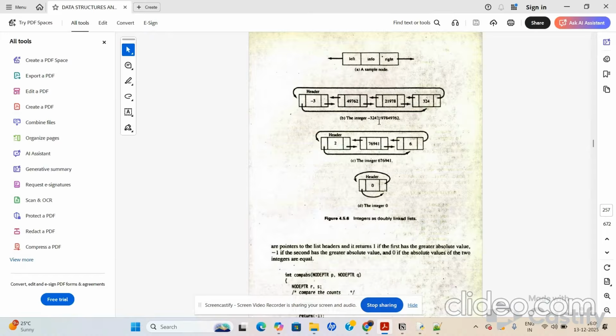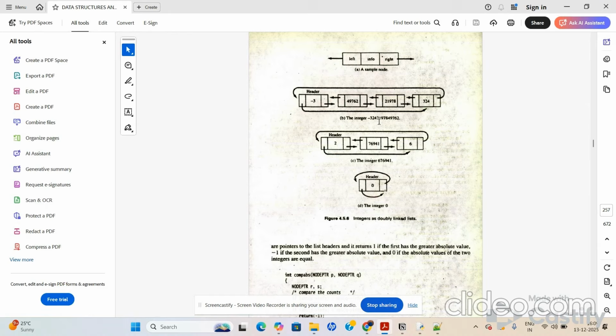The header node consists of 3, meaning that 3 nodes have been used to store the digits in the entire number, and minus indicates that it's a negative number. Similarly, the second example is the integer 676941.